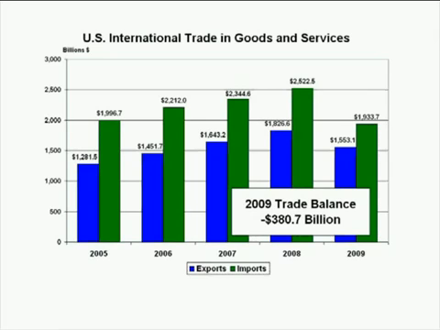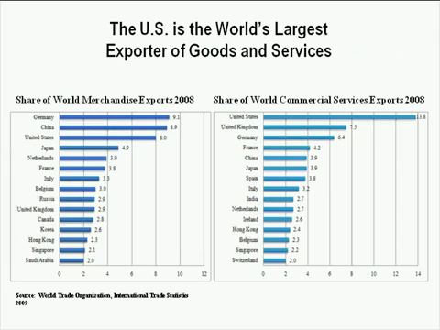In 2008, we sold more than in 2009 because of the recession, and trade was affected to some extent worldwide. The U.S. is still the largest exporter of goods and services, because if you combine the goods and services, you see on the right-hand side the United States on top. But on the left-hand side, you will see who is exporting the most goods as a percentage of their GDP. Germany is the largest exporter.